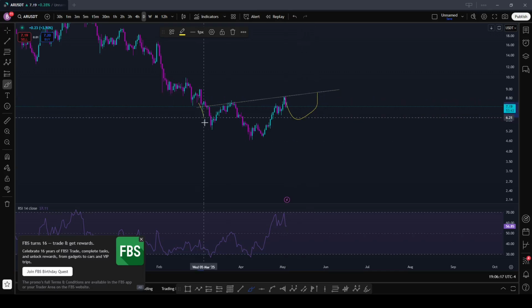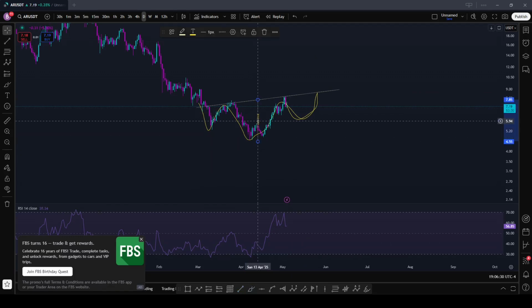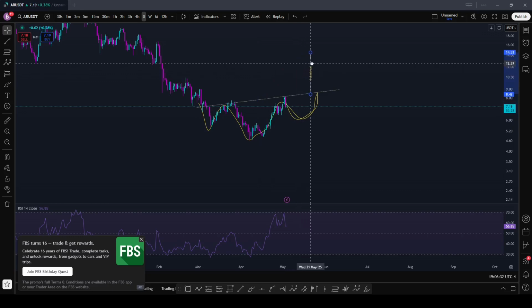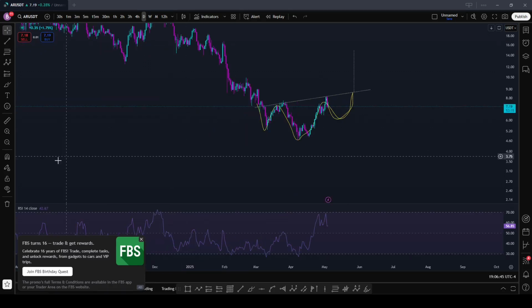So this could be your left shoulder, your head, and then your right shoulder, right? And what you can do with that is, if price was to break from this zone, your targets could be around $15, which also aligns with this bearish order block, the last bullish candle before the leg down. So I think that is your target.